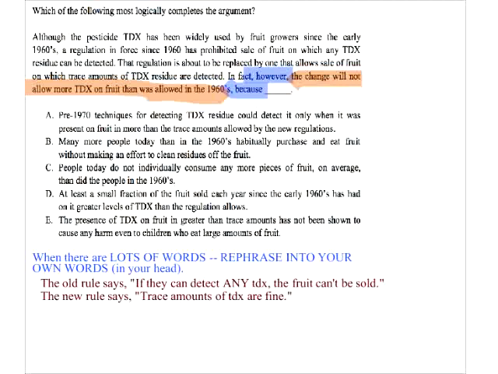So let's make this explicit on the board. Our argument is that the new rule will not change anything. It will not allow more. The new rule will not change anything. So we are arguing against the idea that the new rule will allow more TDX.